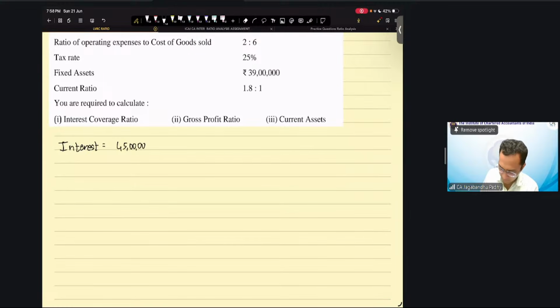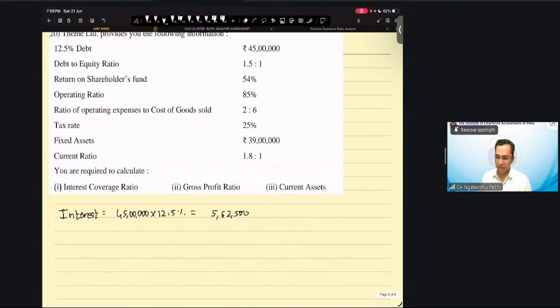So 45 lakh into 12.5%, interest is 5 lakh 62,500. That's your interest.